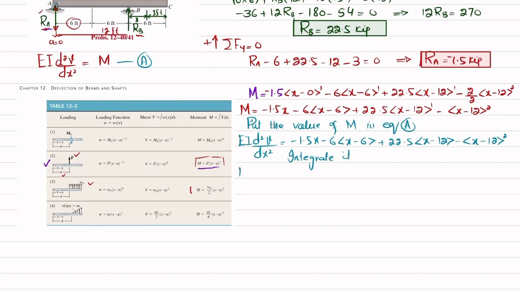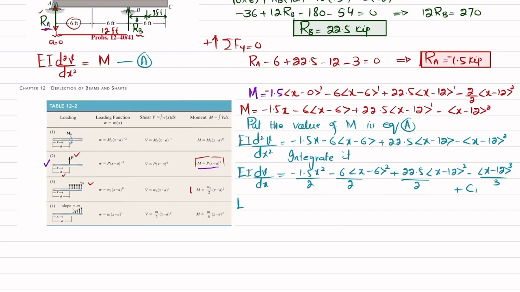So you will get EI dv over dx equal to minus 1.5 x square divided by 2 minus 6 into x minus 6 power 2 divided by 2 plus 22.5 into x minus 12 power 2 divided by 2 and minus x minus 12 power 3 divided by 3, plus a constant of integration, which is C1.